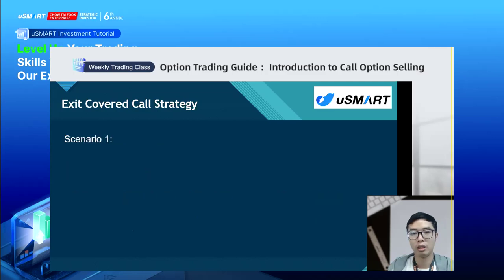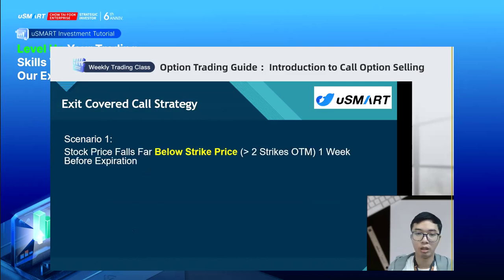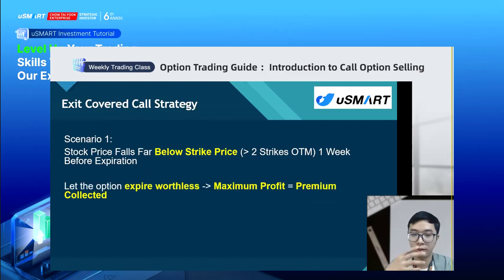So let's discuss the scenario of each of the three. First, the scenario where the stock price falls below the strike price, with more than two strikes out of the money, one week before the expiration. We let it expire worthless, and our maximum profit will be the premium.